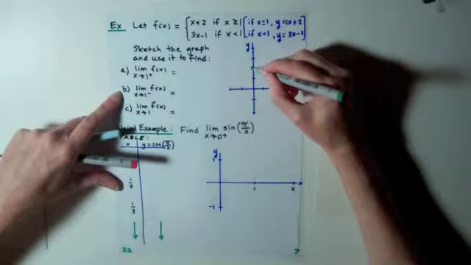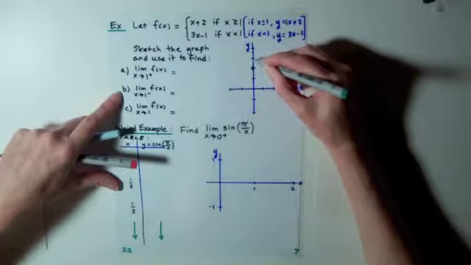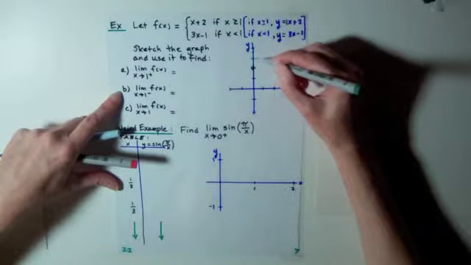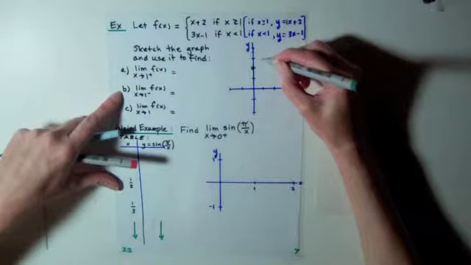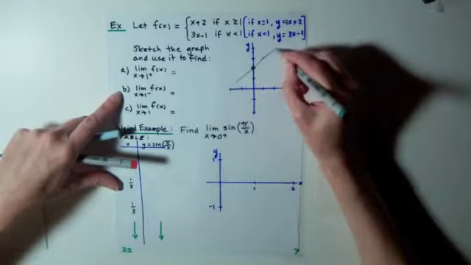So remember, to draw a straight line, one way to do it is to draw the y-intercept of 2 and then use the slope. I go up 1, it has a rise of 1, and I go over 1. It has a run of 1. And I would end up with a line that looks something like this.